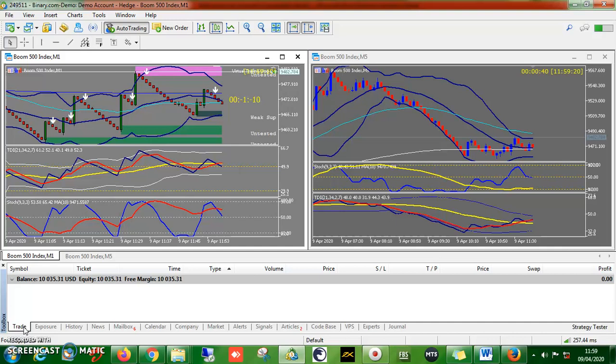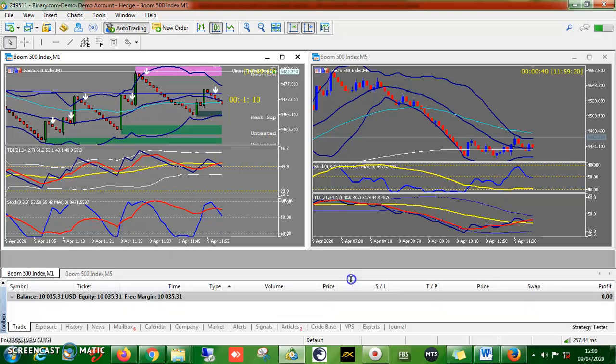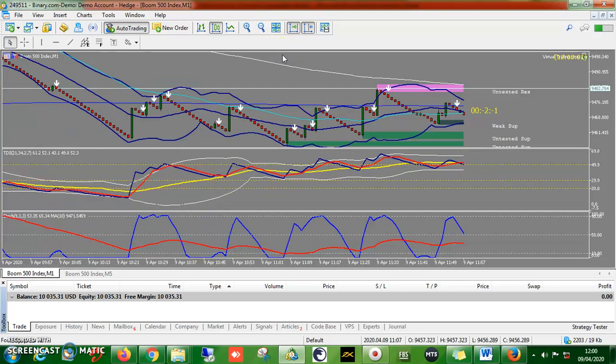Now, when you get the alert, the first thing you have to do is check what M5 is doing. So that is why I always have my M5 open, as well as my M1. This allows me to also see what is happening there live.